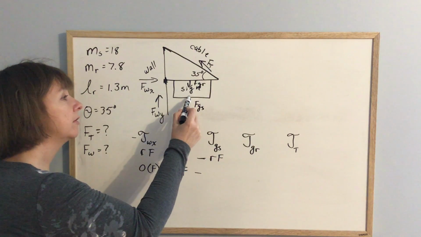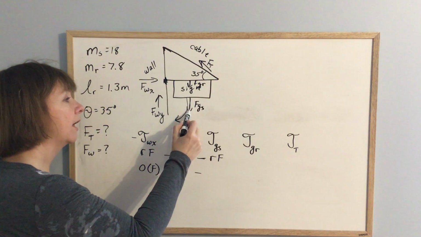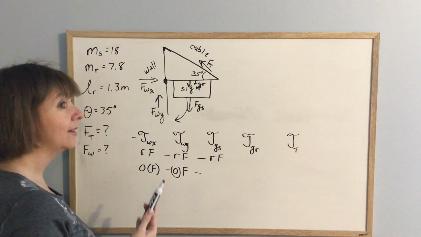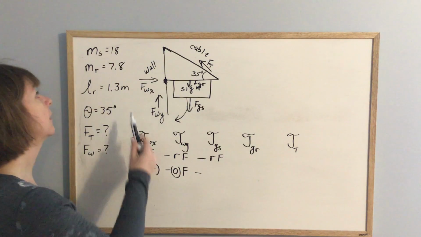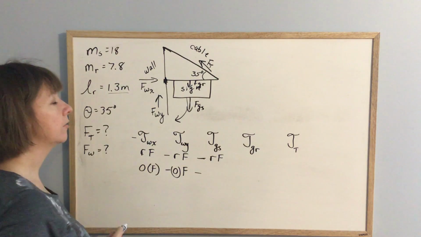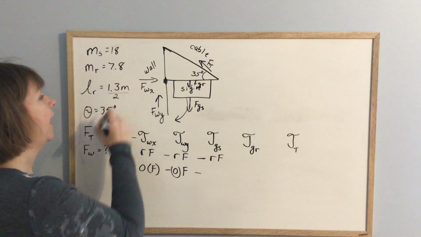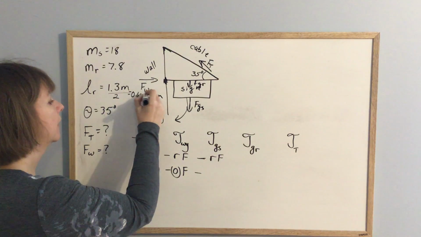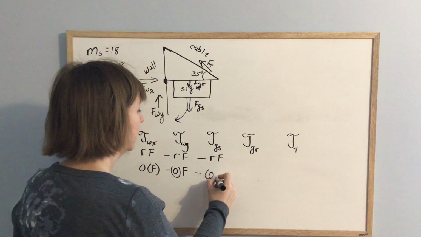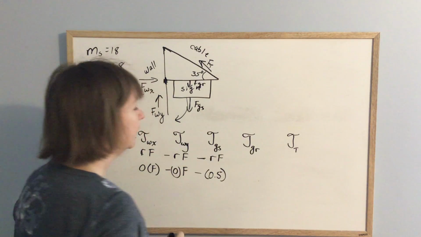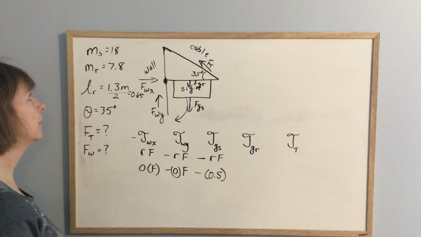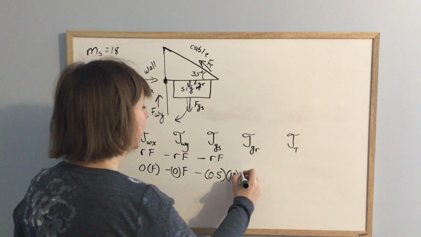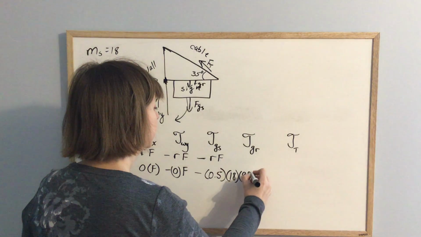Remember that we always think of forces happening at the center of mass, and we're assuming that the sign is centered on the rod. So if the rod is 1.3 meters long, halfway would be 0.65. So my R is 0.65. My force is the force of gravity on the sign. The sign is 18 kilograms and gravity is 9.81.